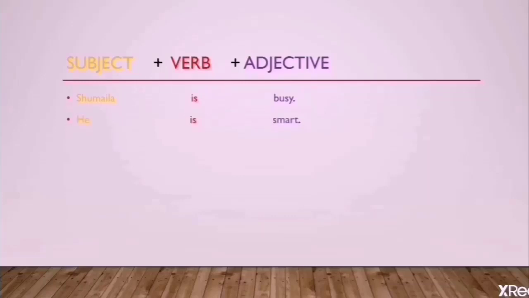He is smart. He is a subject. Is is a verb. Smart is an adjective. The flowers are red. The flowers is a subject. Are is a verb. Red is an adjective.